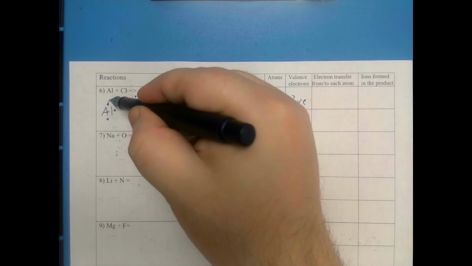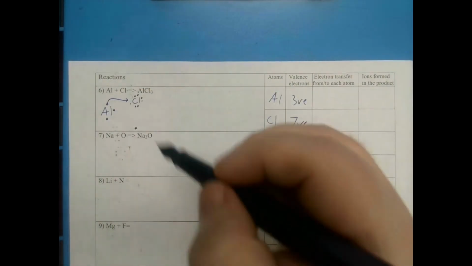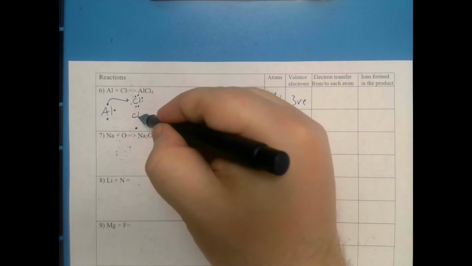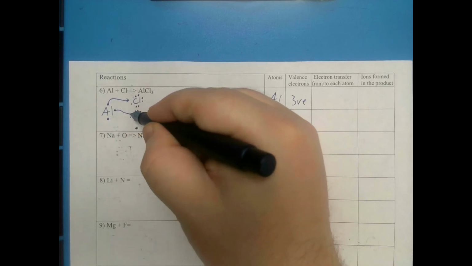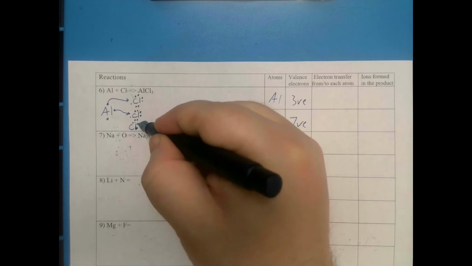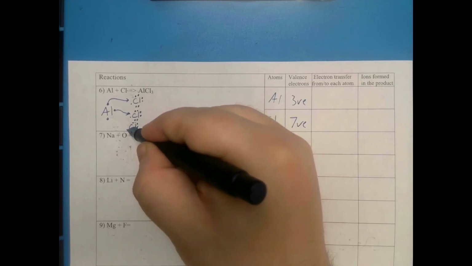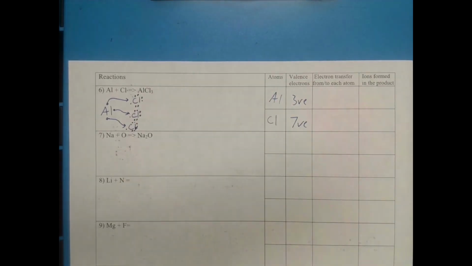This aluminum can only donate 1 to it, but it has 2 left over. So we need another chlorine atom to come over here and donate. And we need a third for it to come over here and donate right here.